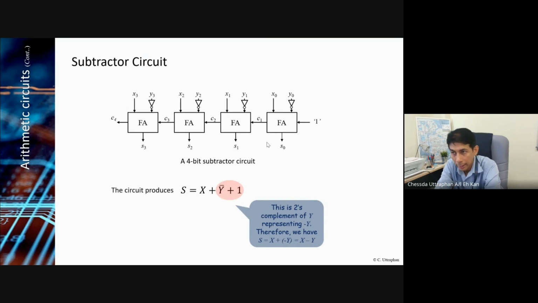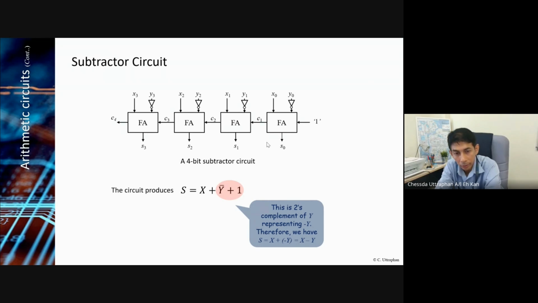The question is, can we combine both circuits to be what we call an adder-subtractor circuit, where we can change the function of the circuit to be adder or subtractor depending on the setting?